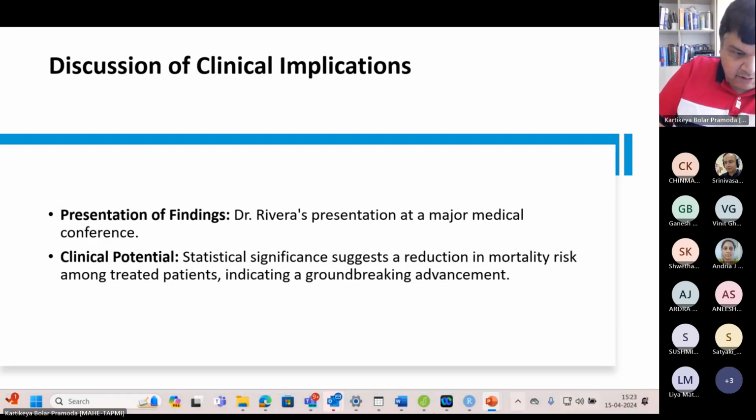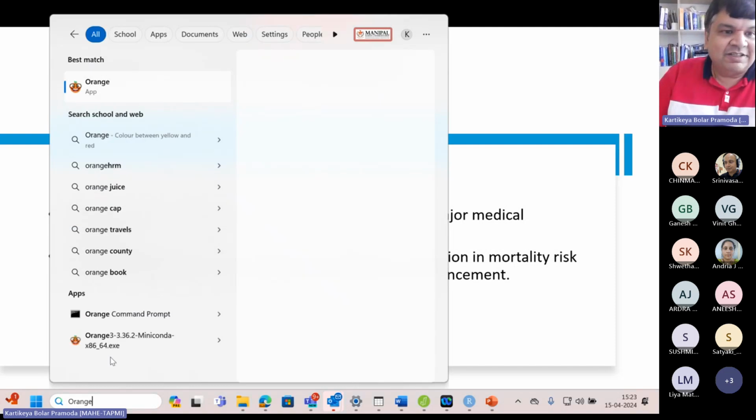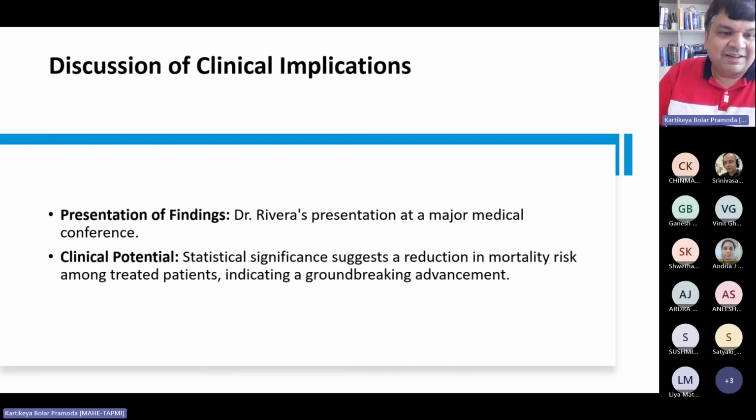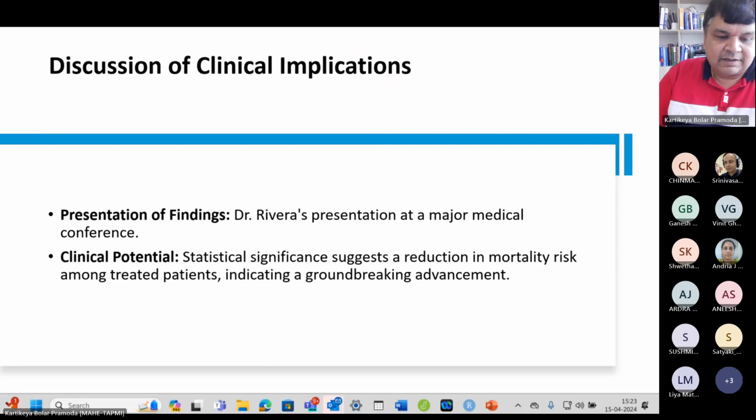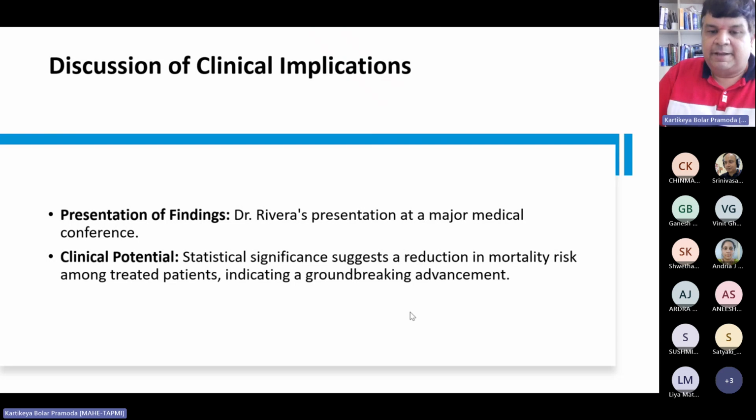There's some problem with my Orange platform. I was just trying it, and it has undergone some error.